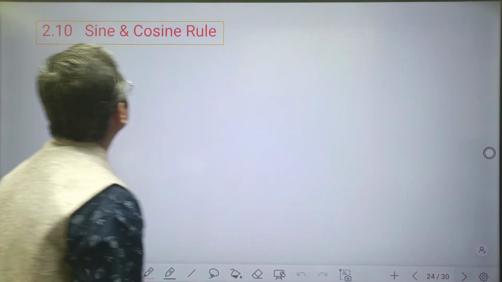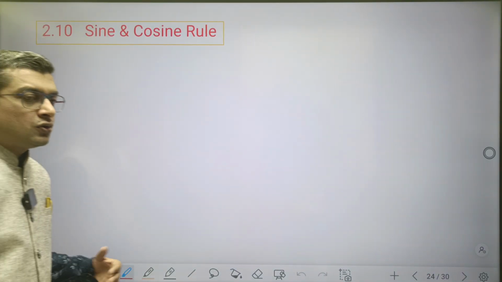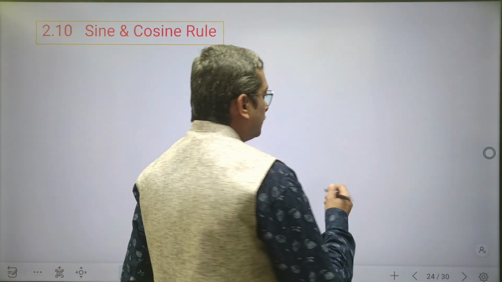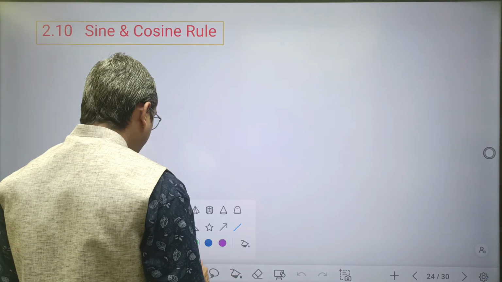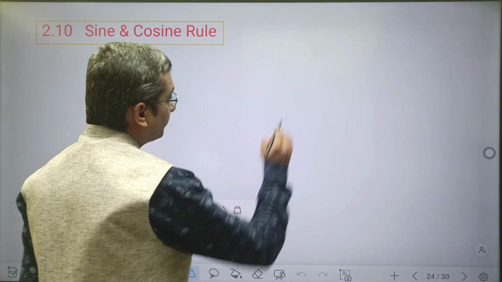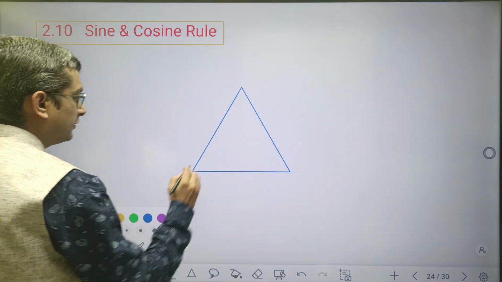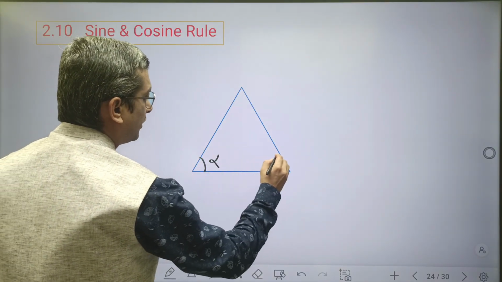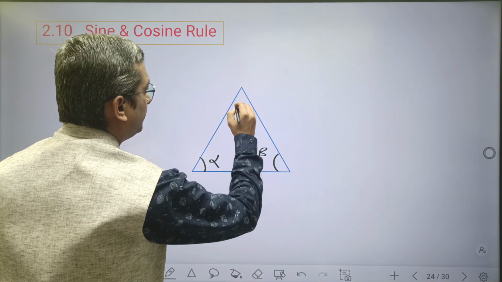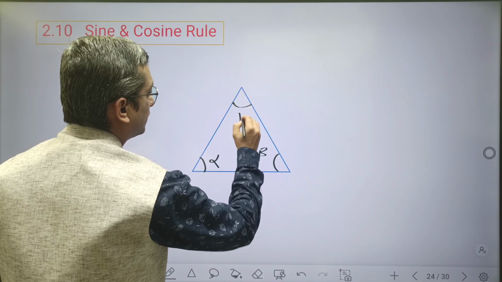So next is the sine and cosine rule. So what is the sine rule? The sine rule is very simple, dear students. Suppose I take this angle as alpha, this is beta, and this is gamma.